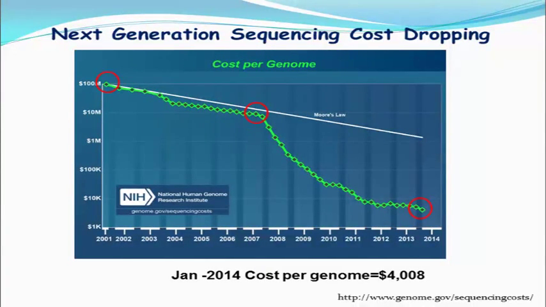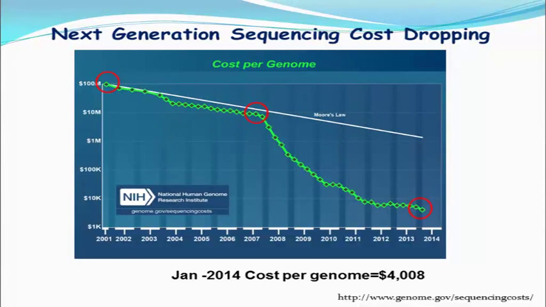Since next generation sequencing technology has been developed, you can see the price of sequencing human genomes has significantly dropped. In 2001, with the complete human genome sequencing project, sequencing one human genome cost $100 million.